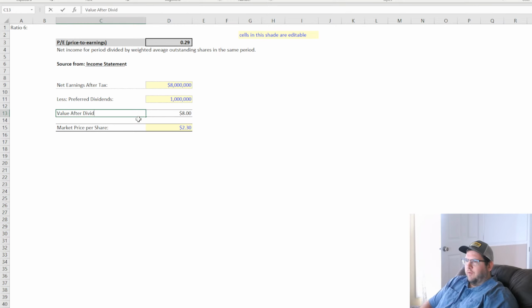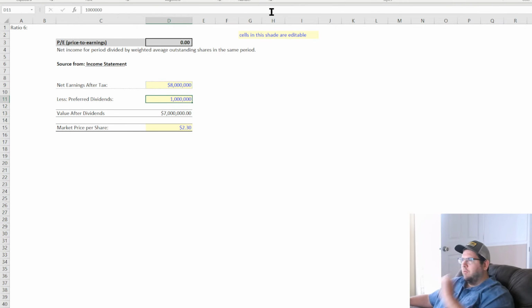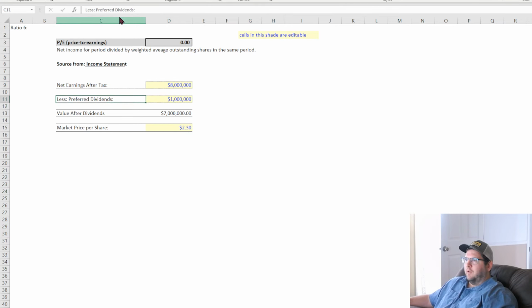Value after dividends. Let's just say they're $1 million. So value after preferred dividends here. We'll do a double bottom.